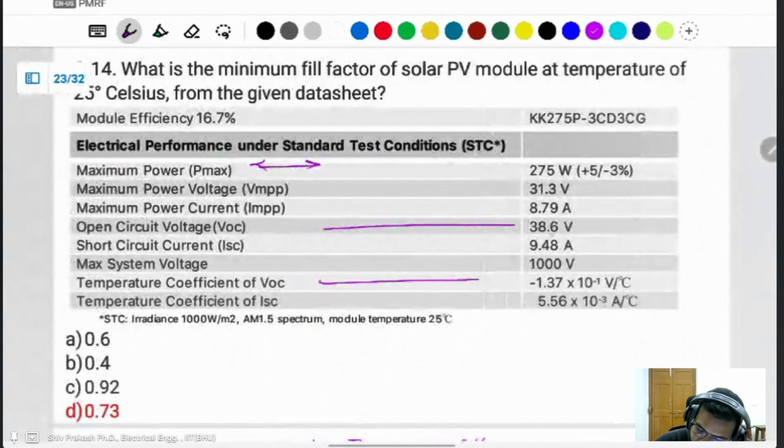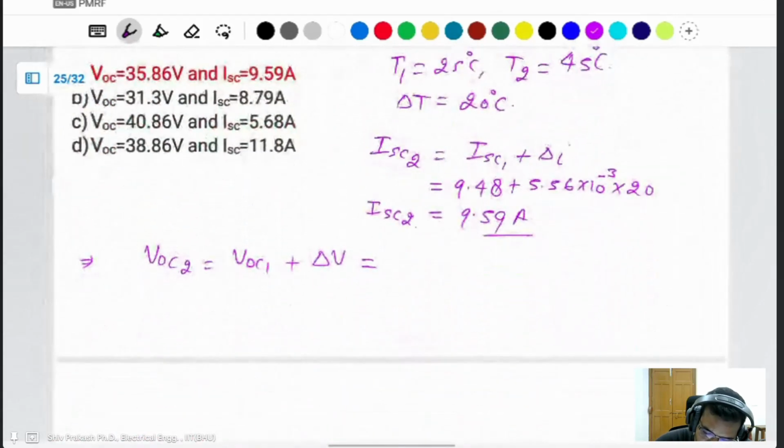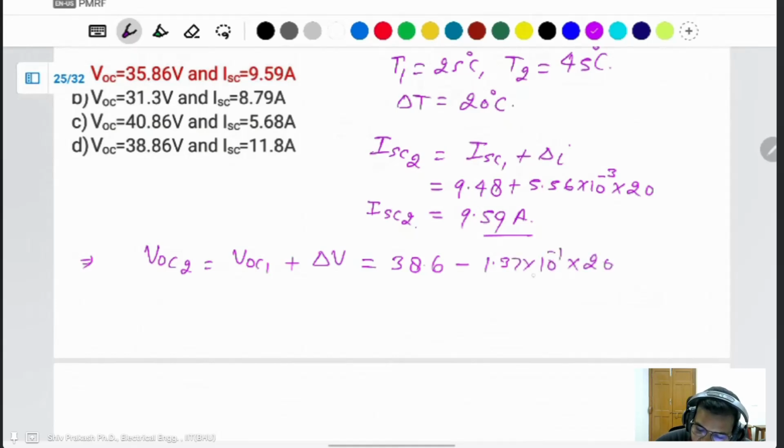VOC is 38.6 volt and the coefficient is minus 1.37 into 10 to the power minus 1 volt per degree centigrade, with a 20 degree centigrade difference between them.